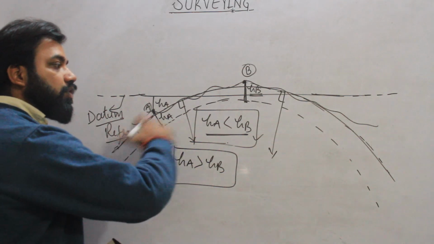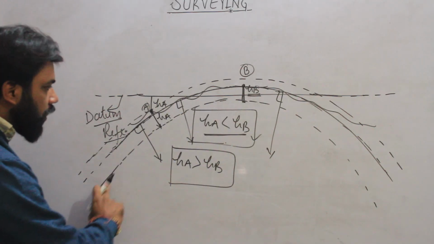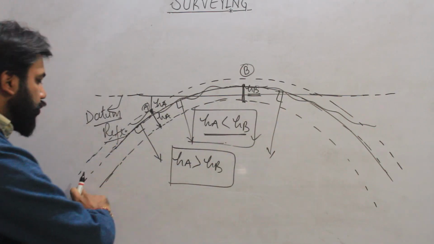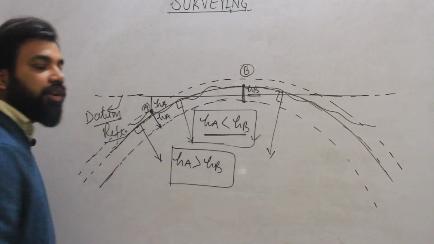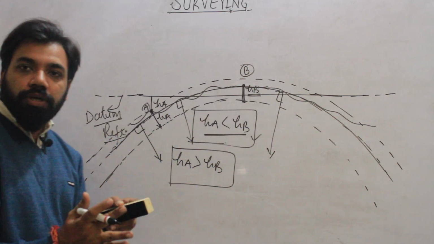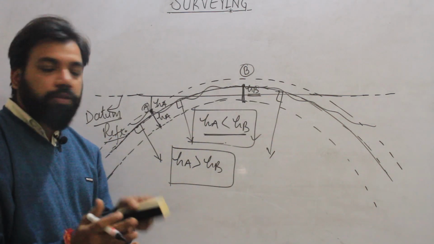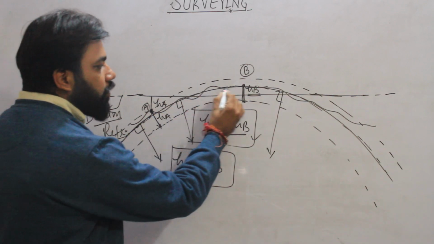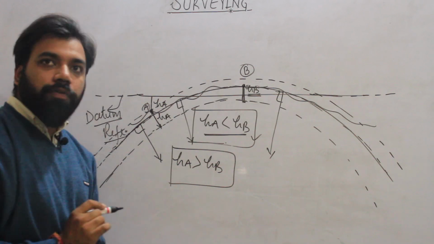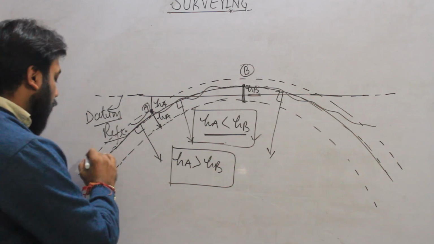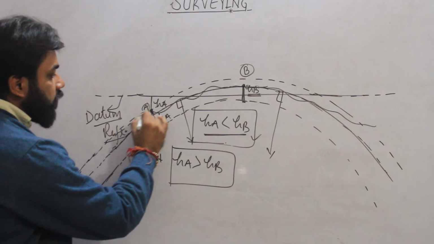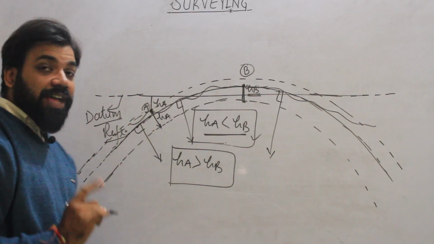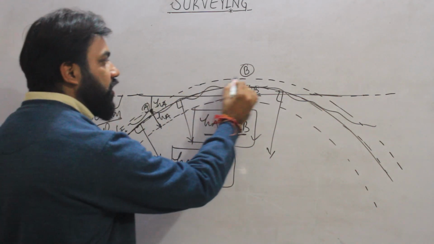Now our relation is reversed. Why? Due to the curvature of the earth, or due to the equipotential line which is nearly equal to the surface of earth. Suppose we have taken an equipotential line which is passing through the level HB, and another equipotential line which is passing through the point A is mentioned here.